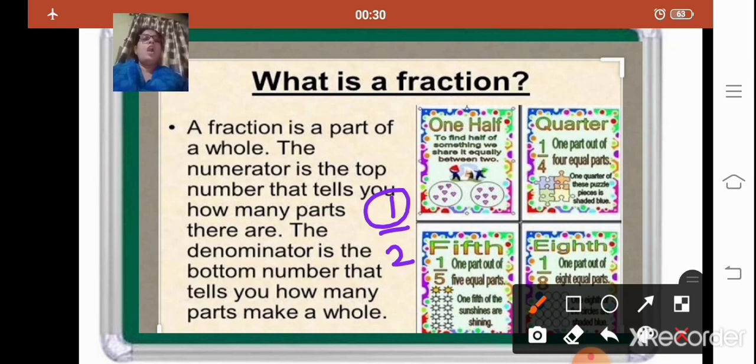The denominator, the bottom number, tells us how many parts make a whole, or you can say into how many parts the whole is divided.